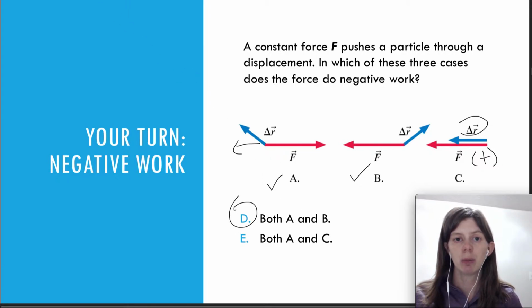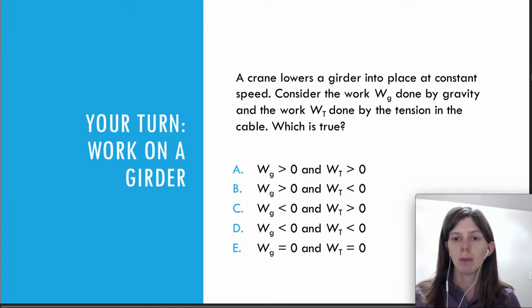Let's do another similar one here. A crane lowers a girder into place at constant speed. Consider the work Wg done by gravity and the work Wt done by the tension in the cable. Which is true?